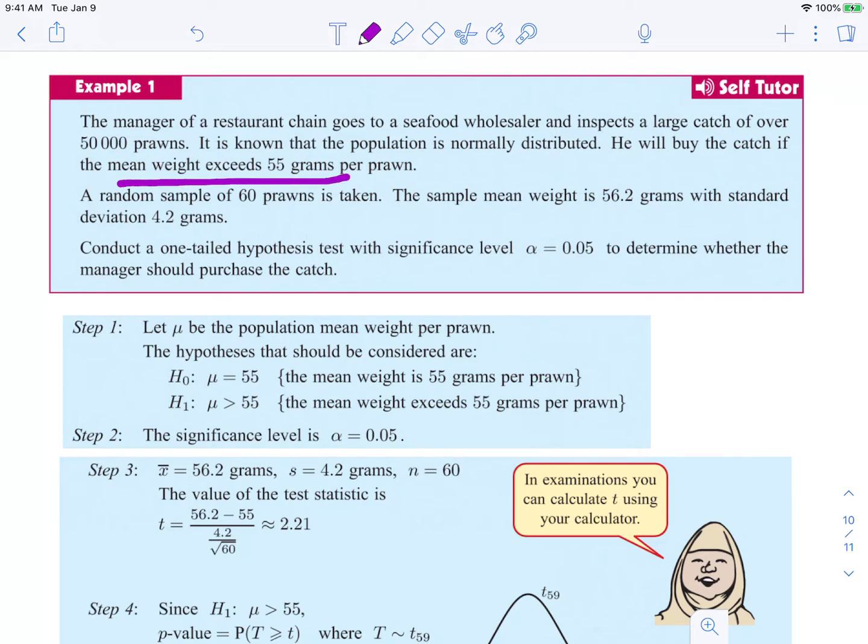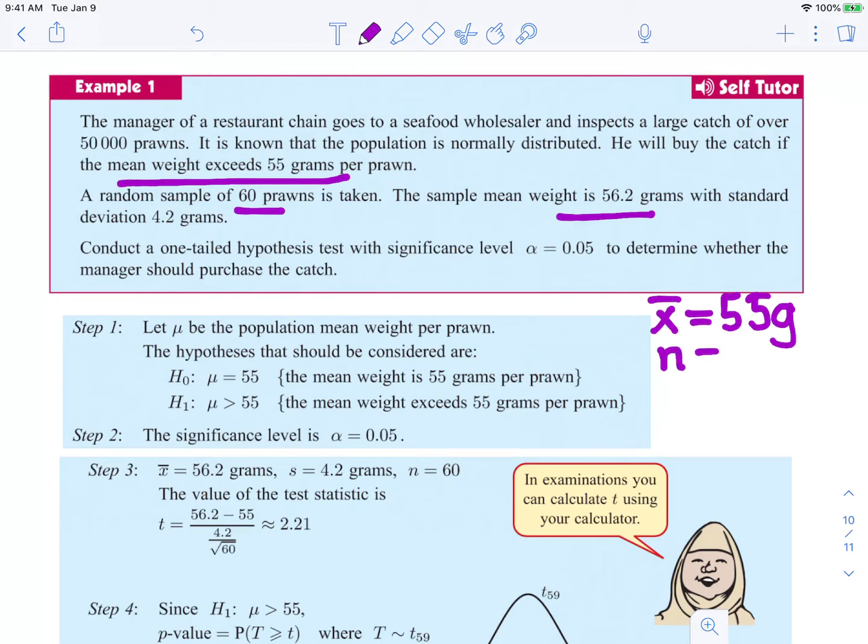This is your mean. So the average weight of the prawns was 55 grams. Then there was a sample they went out and collected. And that sample is 56.2.